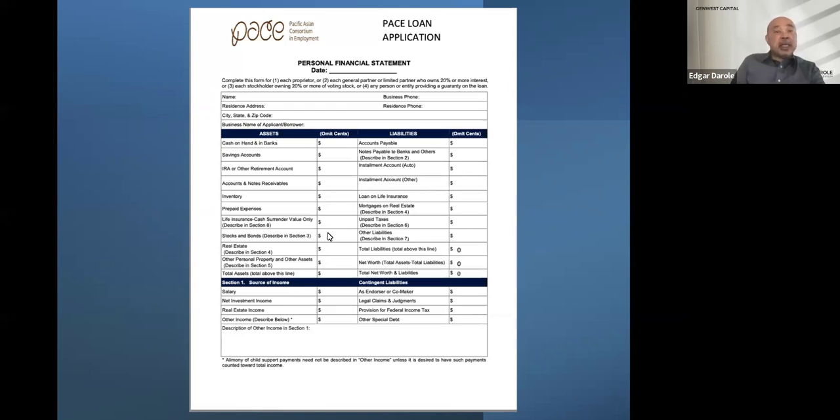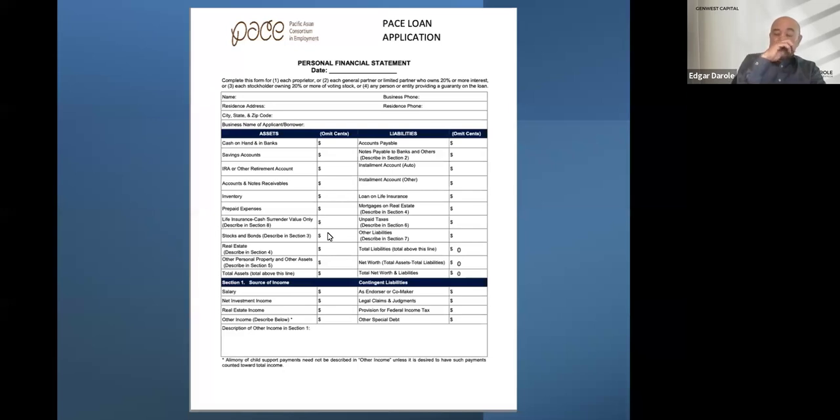Prepaid expenses can be considered an asset. If you have prepaid insurance or some other stuff that you have prepaid, you can list it there. Sometimes you just put zero to it. Now, life insurance, cash surrender value only.